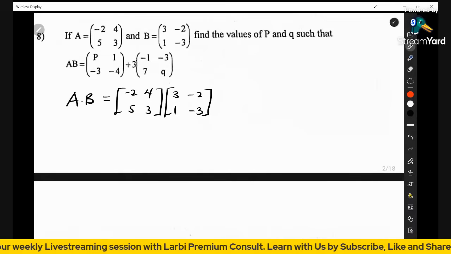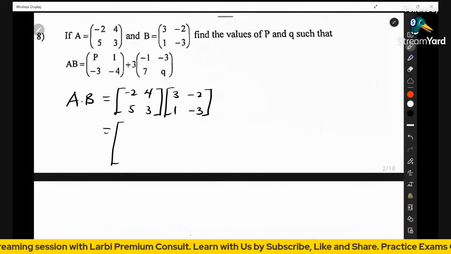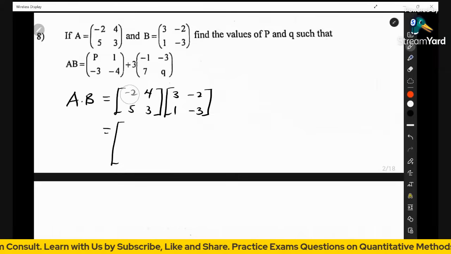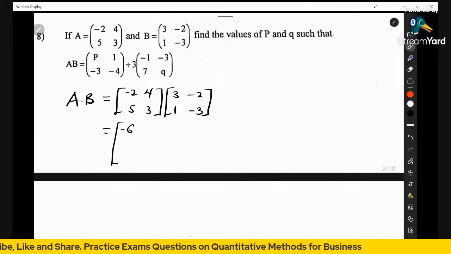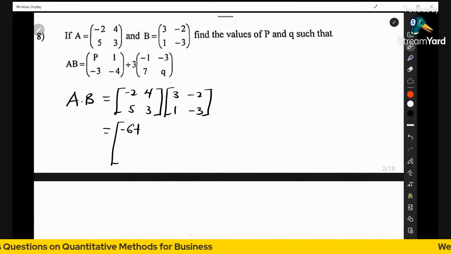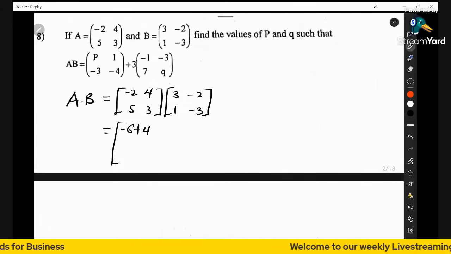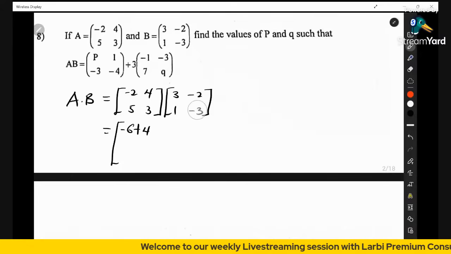So all I want to do here is that we'll have what? A big array. So the negative 2 will first multiply the 3. We are getting what? Negative 6. Then after you say plus, then you bring the 4, also multiply what? The 1, and we are getting what? 4. All right. After that, same row of the first matrix multiply what? The second column of the second matrix.